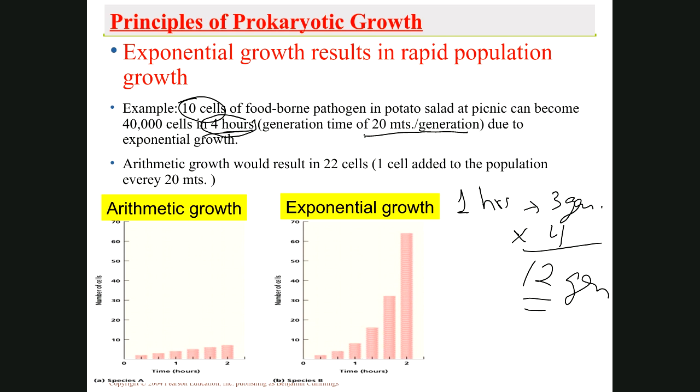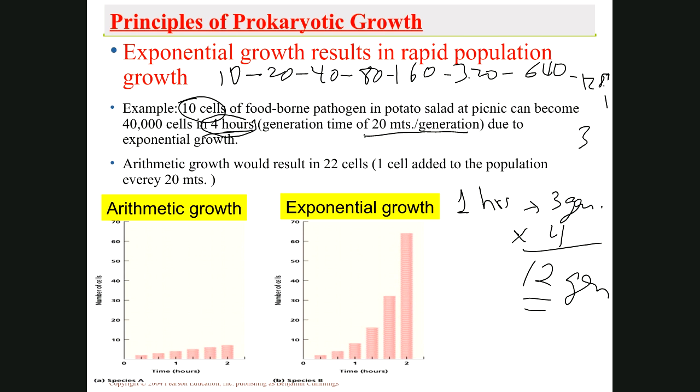We start with 10 cells, which means that we're going to go from 10 to 20 to 40, 80, 160, 320, 640, 1,280. So that would be 1, 2, 3, 4, 5, 6, 7, 8. What is that? I mean, my math breaks down now. That's 1,280.